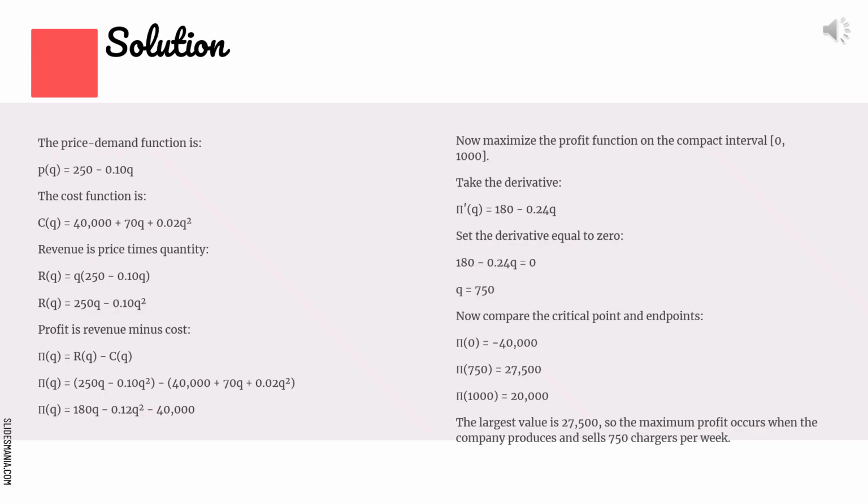Usually it's best done using a graphing calculator like Desmos, where you can see. And we end up with the largest value, which would be 27,500. So the maximum profit occurs when the company produces and sells 750 chargers per week.